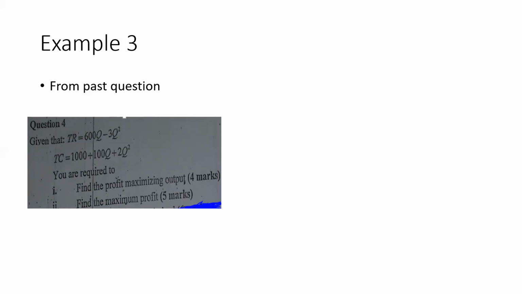Remember, I've already indicated the constraint that for you to have maximum output, the differential of your total revenue with respect to quantity is equal to the differential of your total cost with respect to quantity.